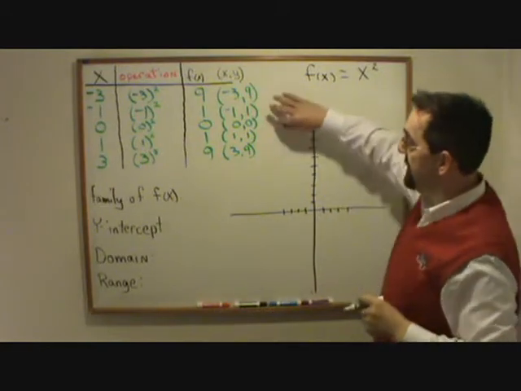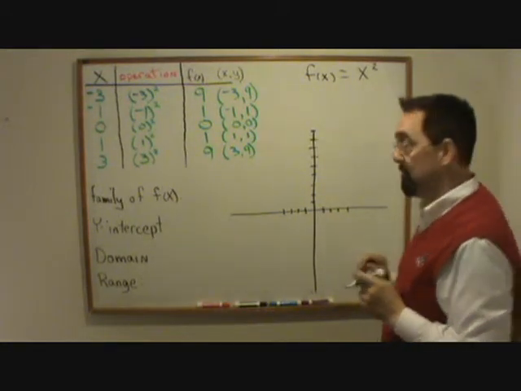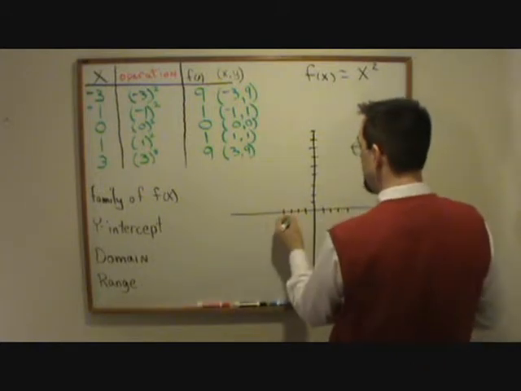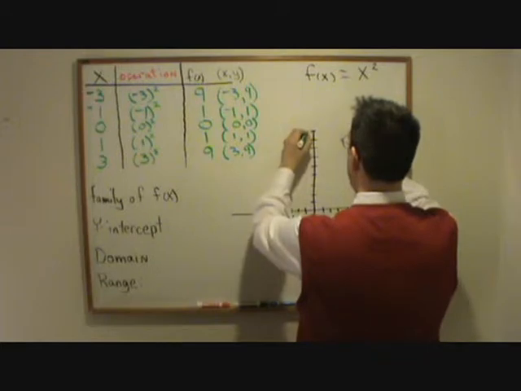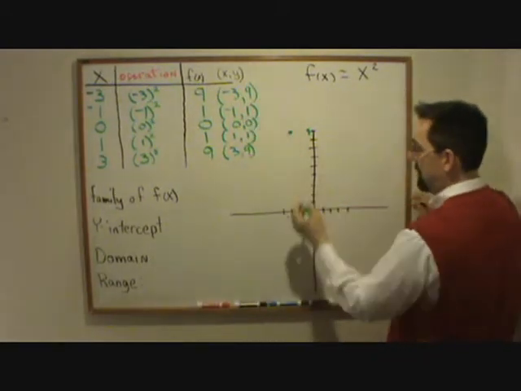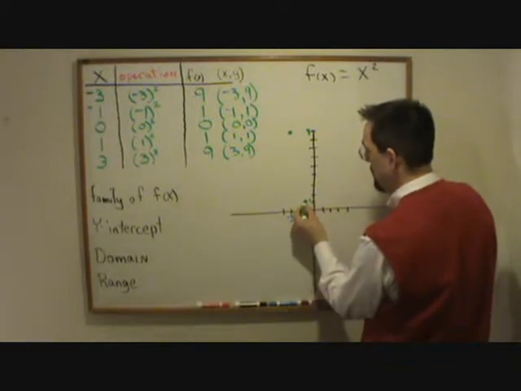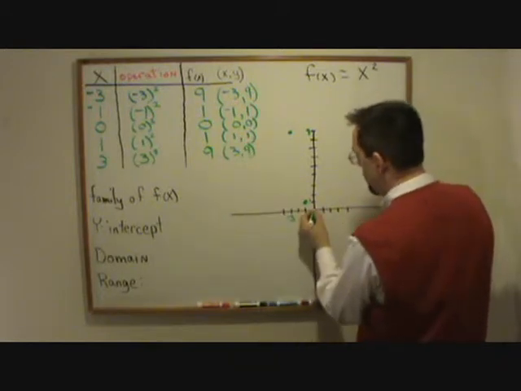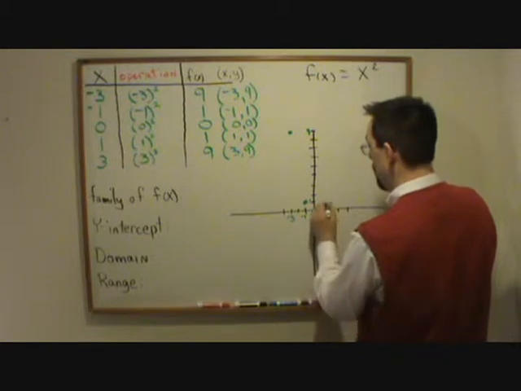Let's take a moment and take these 5 points and put them on our grid and see what we come up with. Minus 3, 9, our first point. Minus 1, 1. 0, 0, goes through the origin. 1, 1.